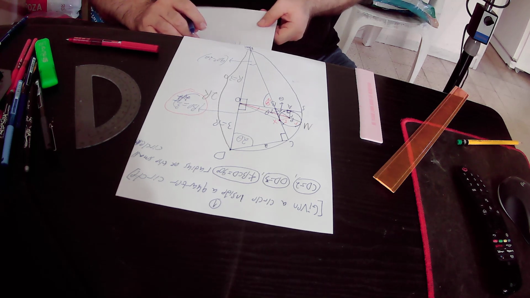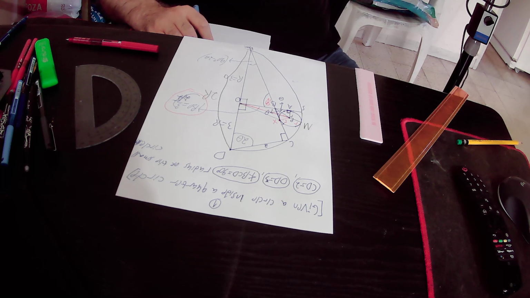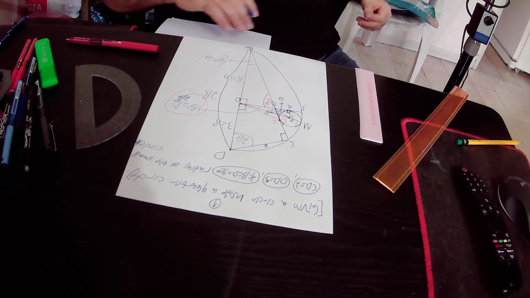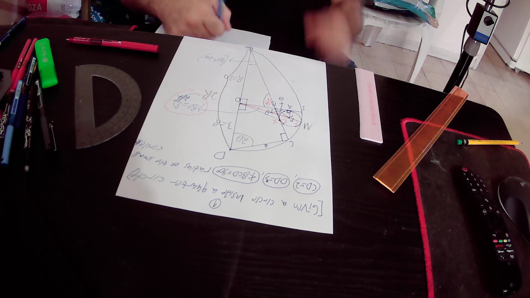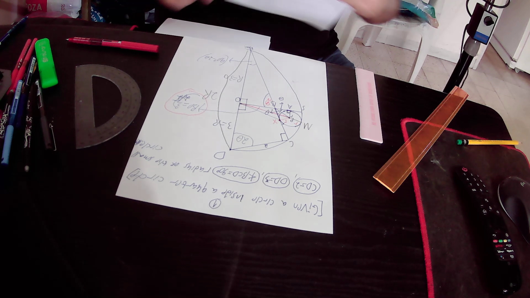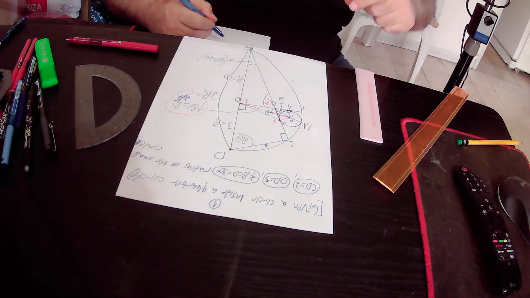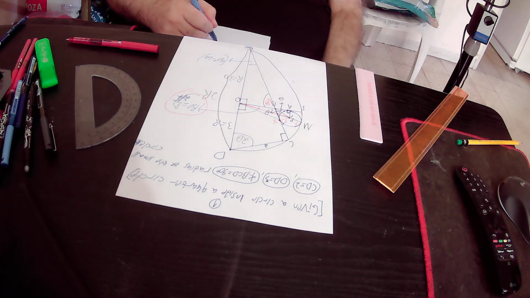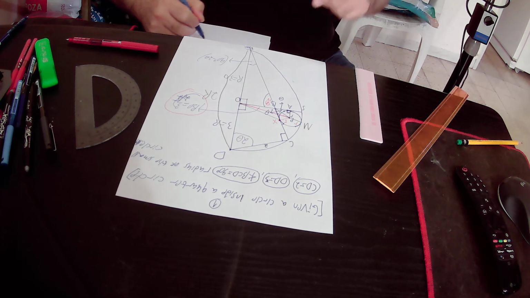So in the right triangle APO, the square of the hypotenuse equals the sum of the squares of the perpendiculars. That is to say, AP square plus AO square equals PO square.